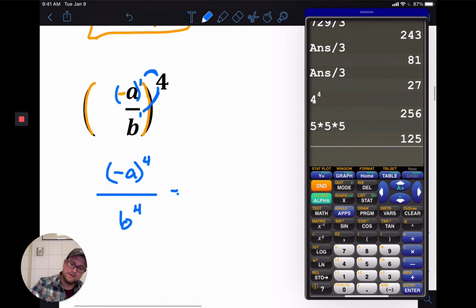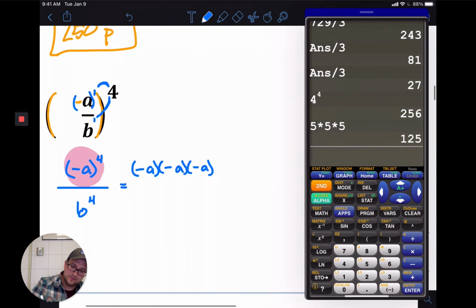The only part that's a little weird is this top. The bottom's great. If I had negative A times negative A times negative A times negative A, if we broke this down into parts, anytime I have a negative A times a negative A, wouldn't that just be a positive A squared?